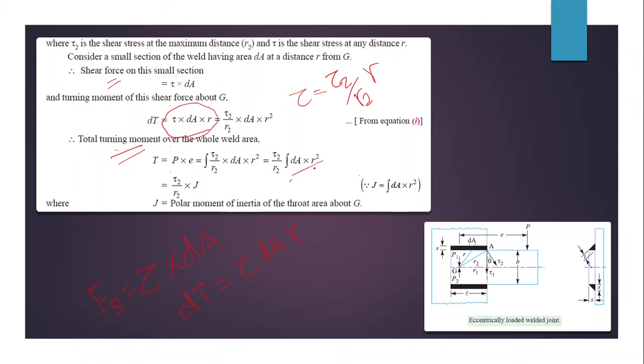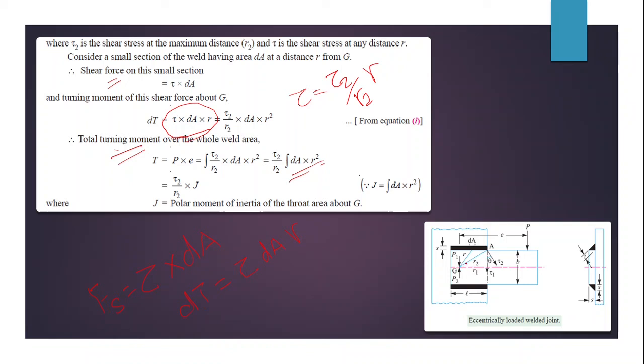This integral of dA into R square is the polar moment of inertia about an axis which is perpendicular to this plane, passing through the center of gravity G. R is the perpendicular distance between that force and this axis passing through G and perpendicular to this plane.